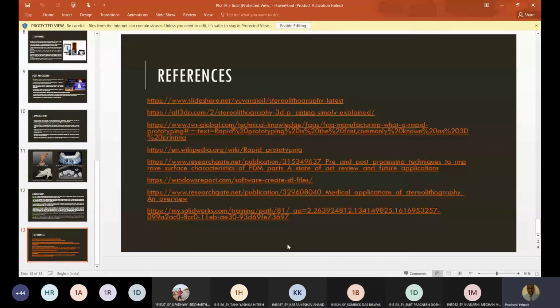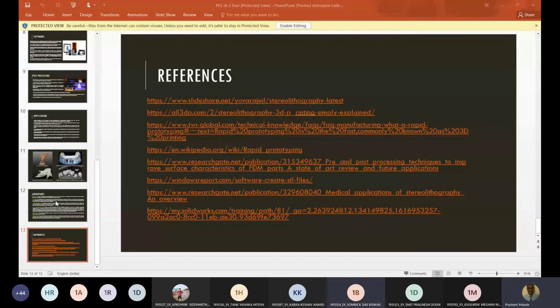There is so much reference material available. It's an upcoming branch, and much development is going on in the world in this SLA technique. Particularly, as you mentioned, depending upon the fineness of your laser diameter and its movement, your accuracy is there.